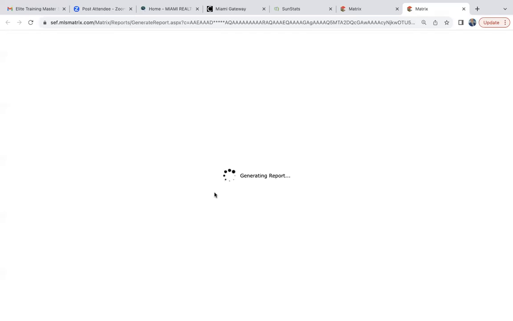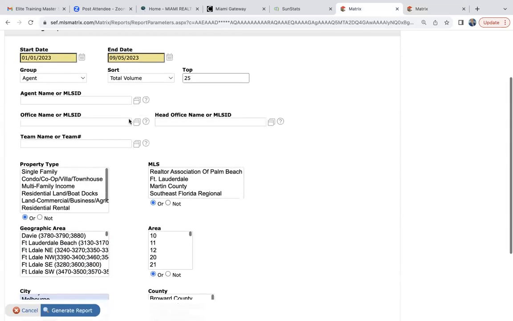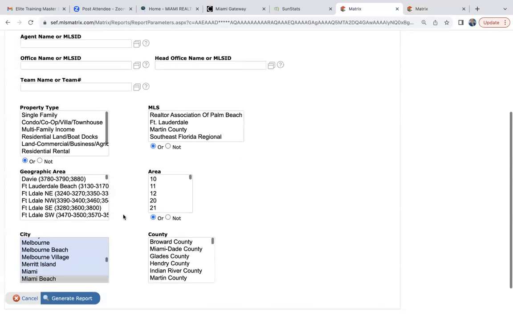Yep, that's not working. Let me switch this to Office and see if at least the Office one works. We can see that neither of them is really working. So we're going to give up on this, guys. I don't want to waste your time.